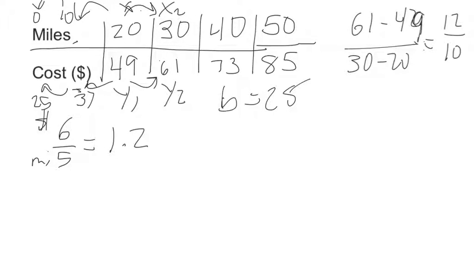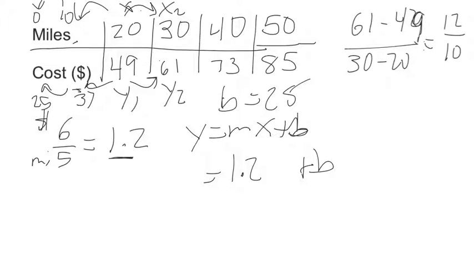But sometimes that stepping back isn't so convenient, especially if our x values are really, really large. So what we may want to do is work with that y equals mx plus b. And this way will work any time. What you do is you plug in your slope, which we found to be 1.2. So that's going to be 1.2 for the m. You're going to leave the b as a plus b.